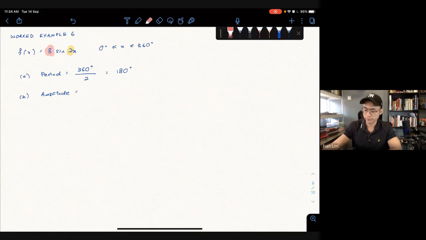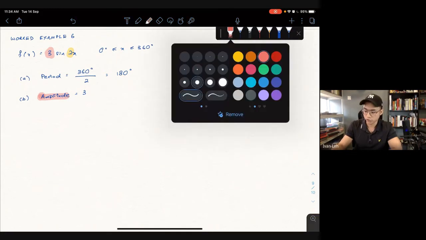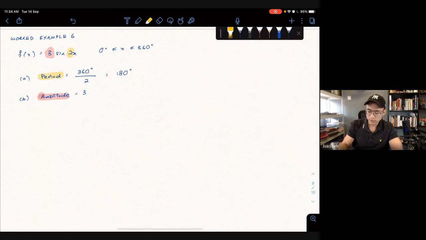So you have to remember this: amplitude, 1 times 3, now becomes 3. Amplitude follows the coefficient in front. For period, you look at the value of the angle inside, the 2x. That is the angle. When we express trigo, it's all in angles.